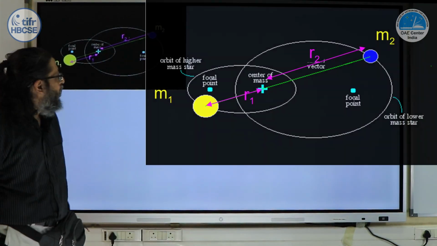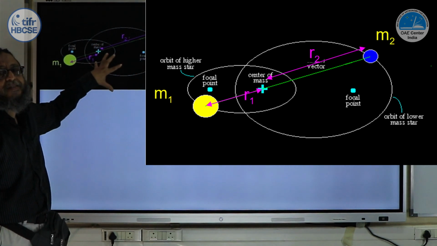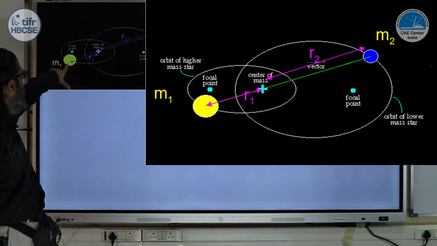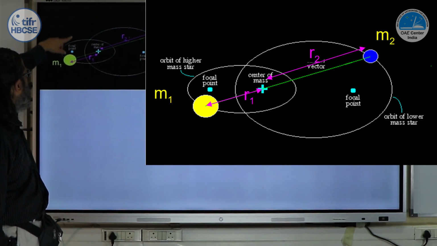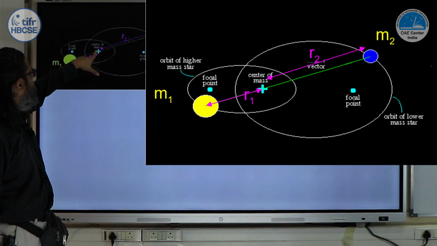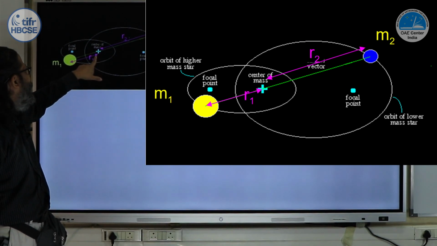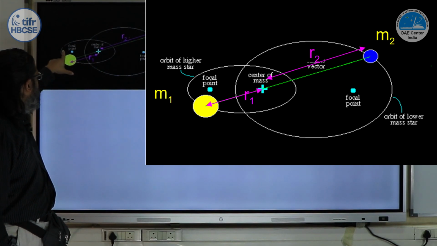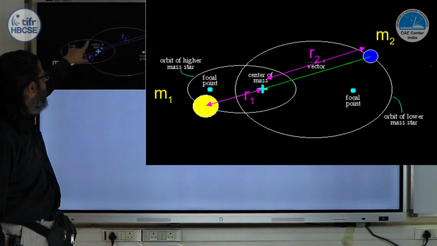Okay. So this is a static representation of such a system, where you have one mass heavier than the other, m1 is greater than m2, and this point, the blue plus, is the center of mass of the system. This mass m1 moves in this particular ellipse and m2 moves in this particular ellipse.